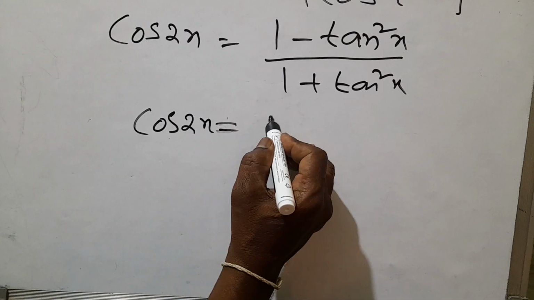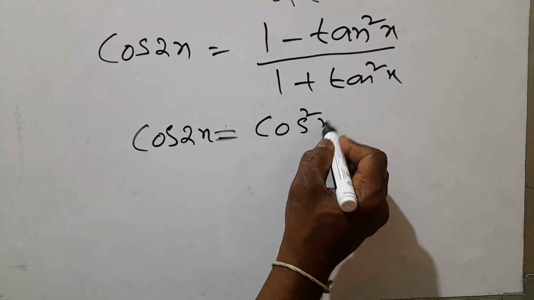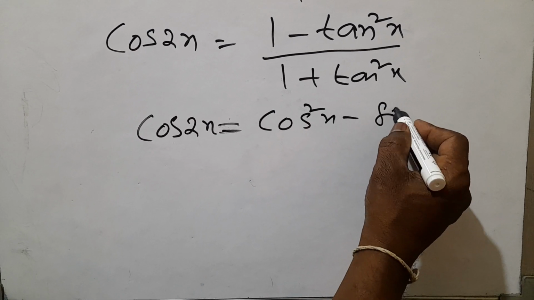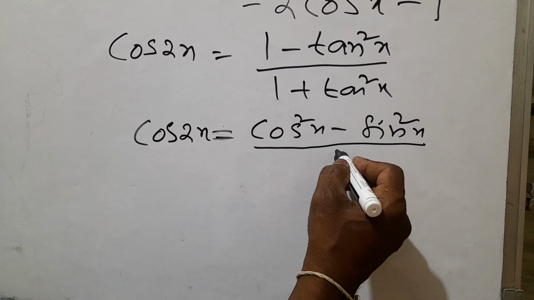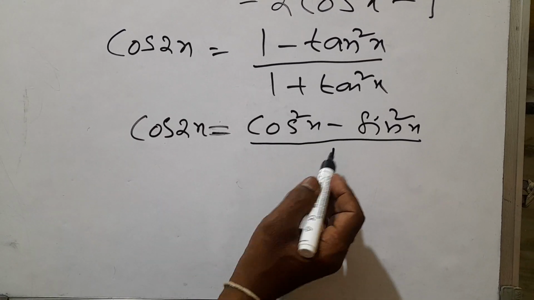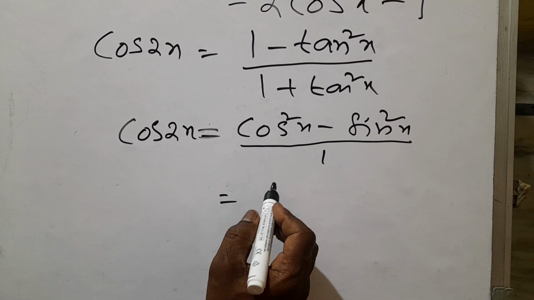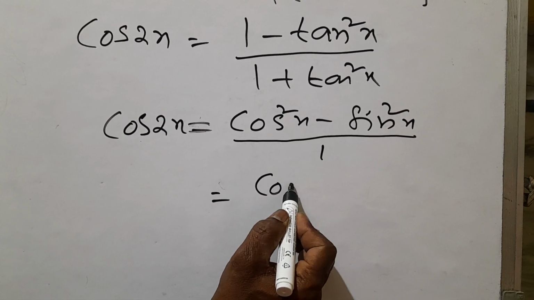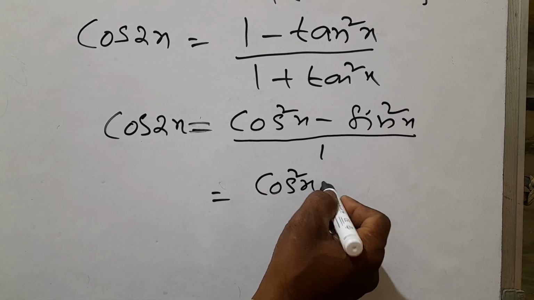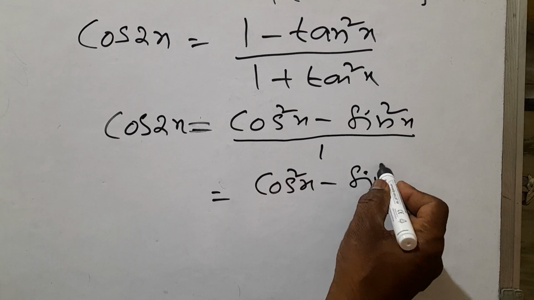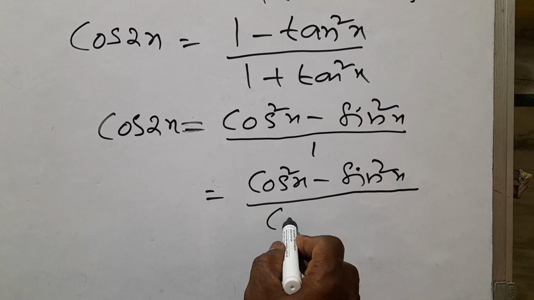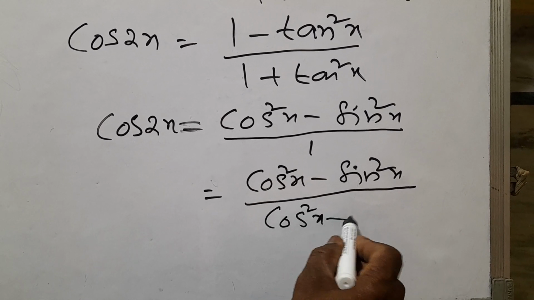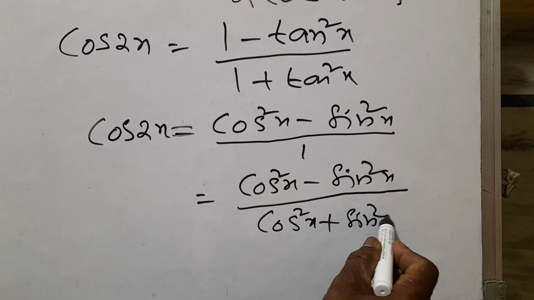We have cos 2x is equal to cos square x minus sin square x. I am writing by 1. It won't make any difference. In the next step, the numerator remains the same, that is cos square x minus sin square x. Now I am replacing 1 with cos square x plus sin square x.